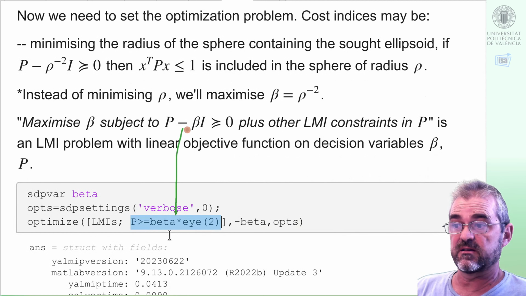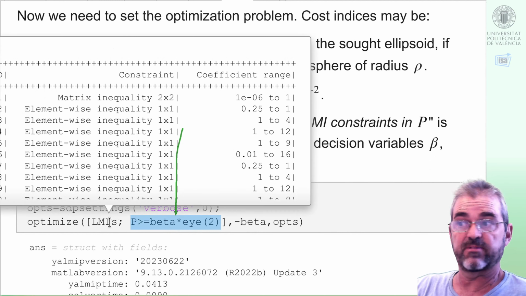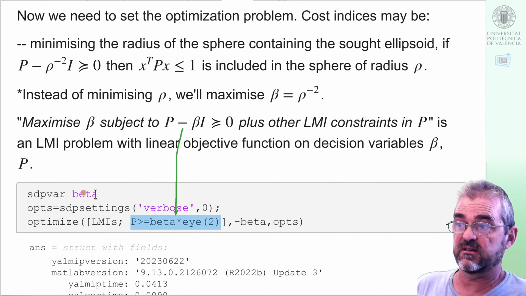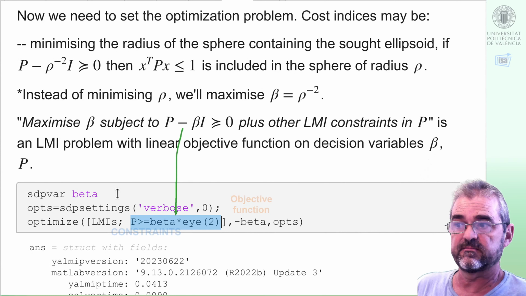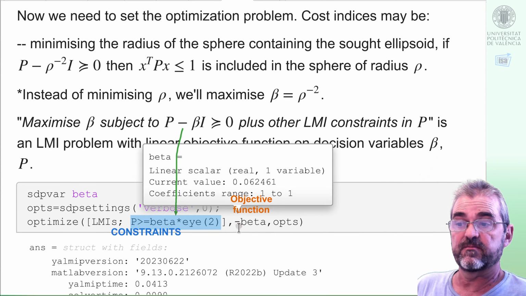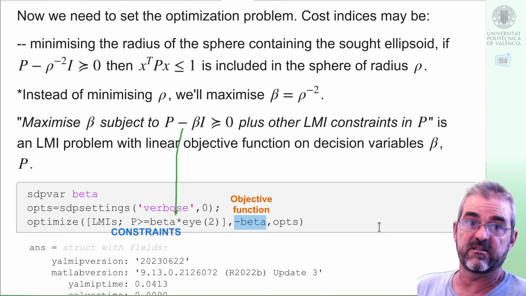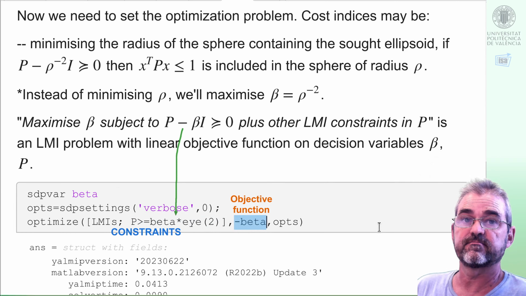I'm appending this constraint to the list of prior linear matrix inequality constraints I had. Of course, I need to define a new decision variable, sdpvar beta scalar, and then this is the cost index that optimize tries to minimize. So maximizing beta is the same as minimizing minus beta.